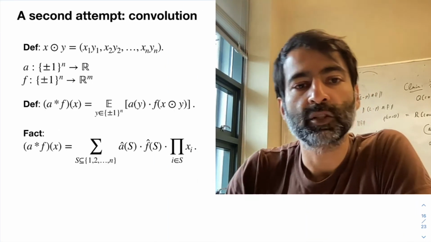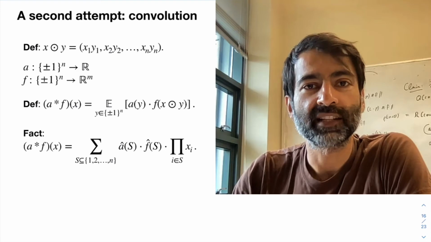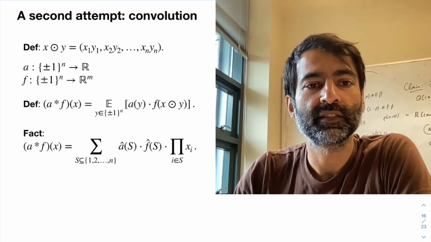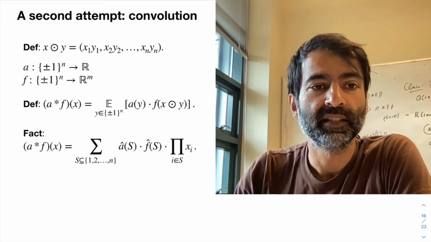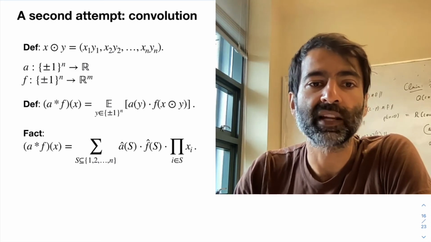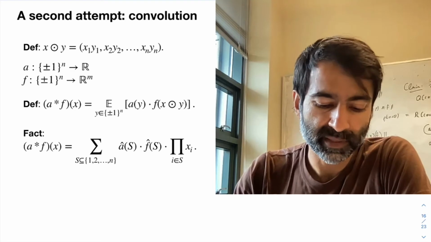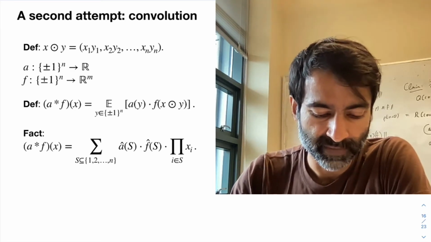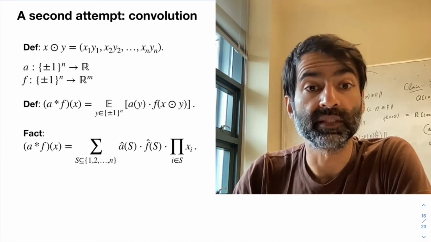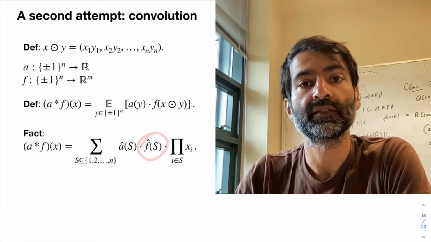A basic fact about convolution is that it has a very nice behavior in Fourier space. It corresponds to multiplying the Fourier coefficients together. Let me just remind you that these Fourier coefficients are numbers, and these Fourier coefficients are vectors.